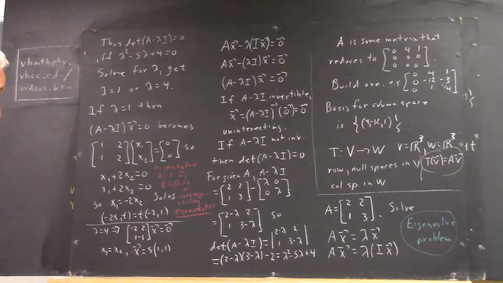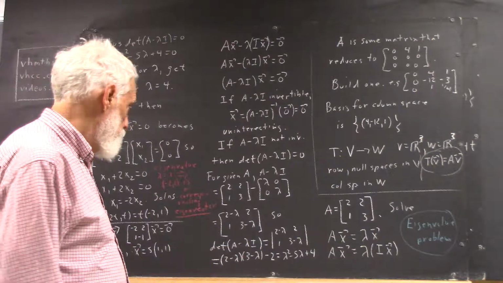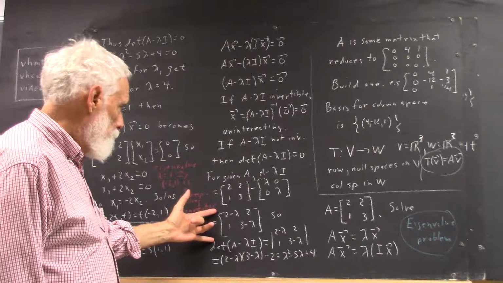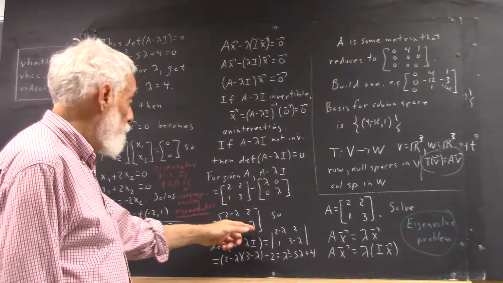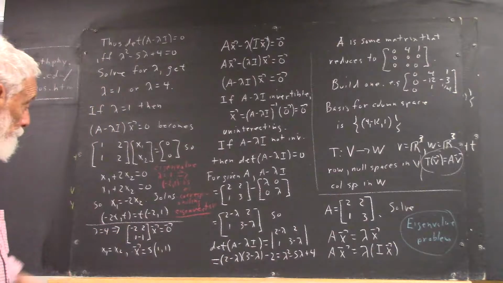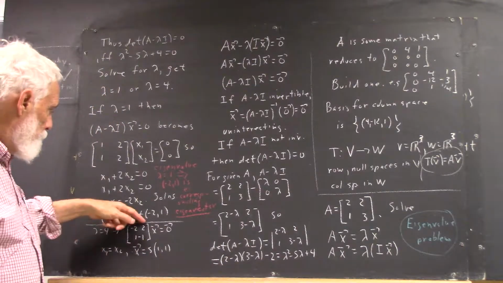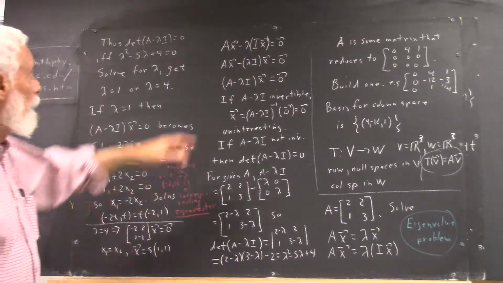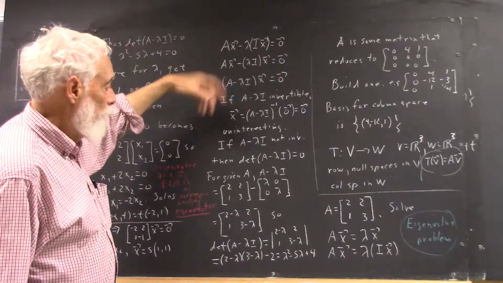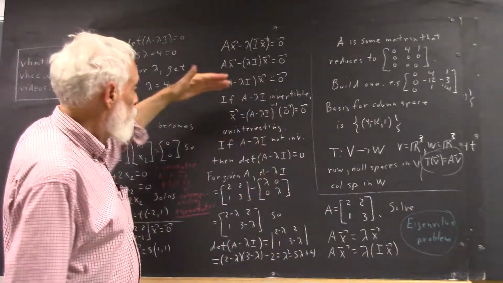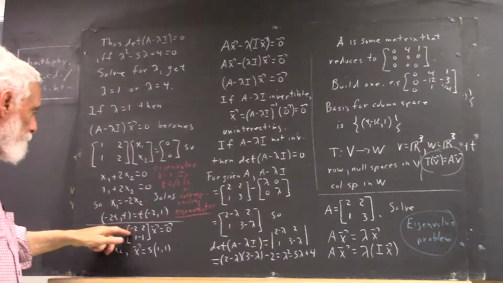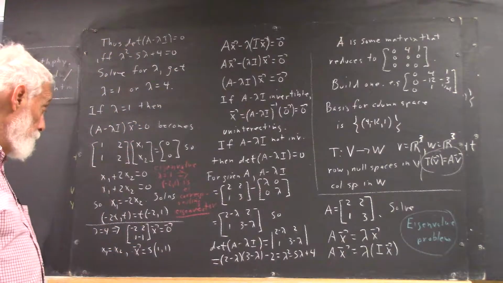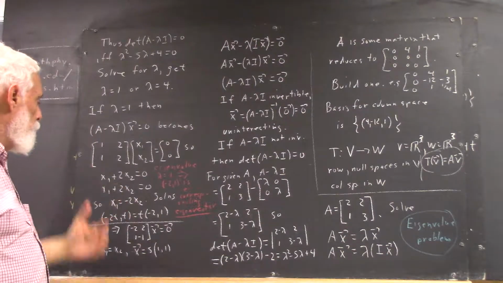Now, if lambda is 4, very straightforward. This matrix becomes 2 minus 4, which is negative 2, 3 minus 4, which is negative 1. And of course, you still have the 2 and the 1, so that this equation, totally equivalent to this equation, becomes this matrix times x equals 0, giving us again 2 equations.